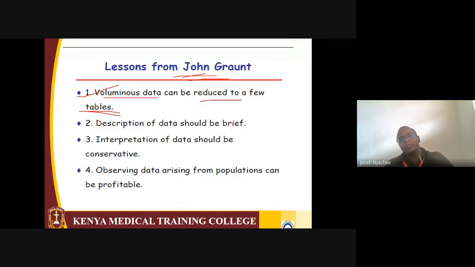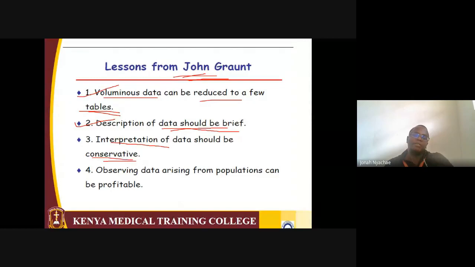We also learned that the description of data should be brief. You don't put a lot of information where a person can have difficulty interpreting. Also, interpretation of data should be conservative, meaning you don't put in a lot of inferences, but keep it limited and geared towards a particular direction.